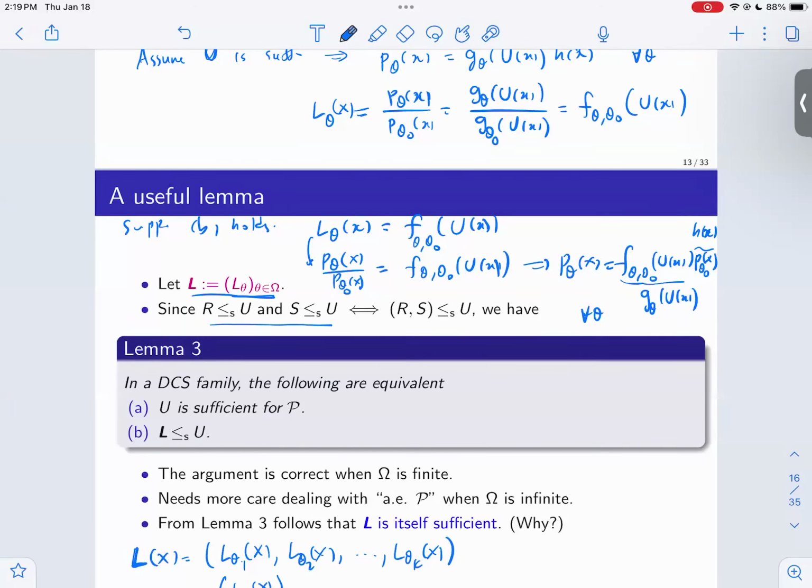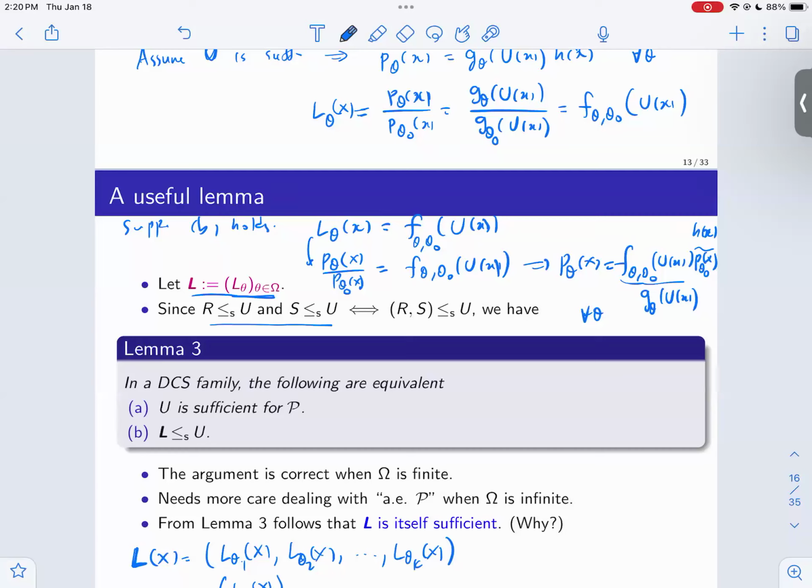Why is it sufficient? I have an equivalent characterization of sufficiency. To answer the question of why it is sufficient, it's because of the two slides before, where we collected enough of them.